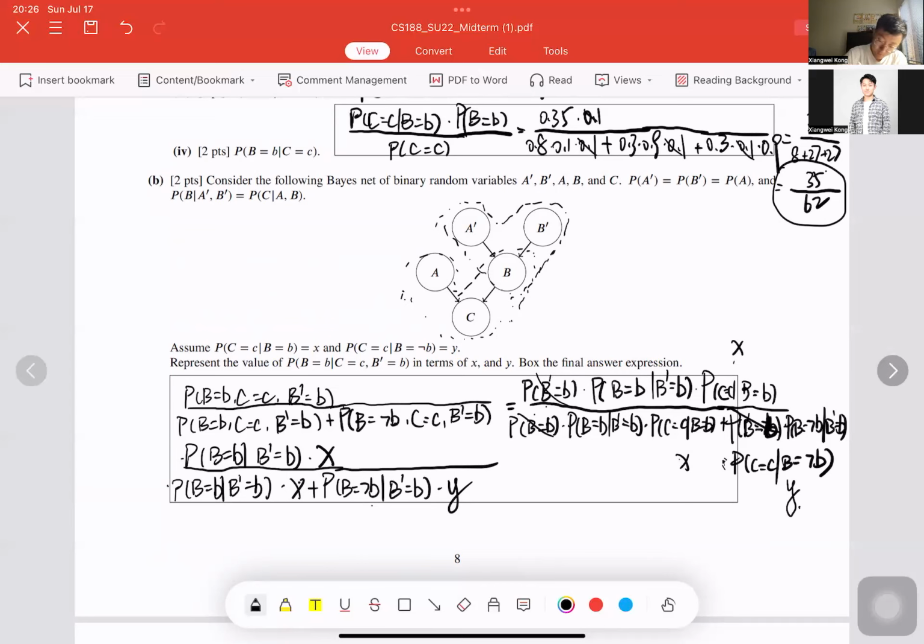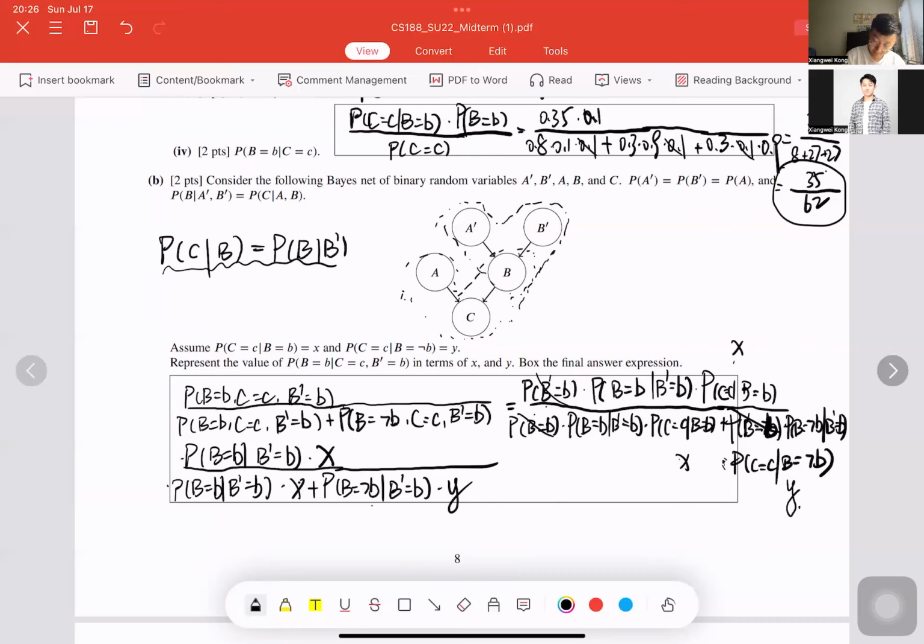So what we can do is we can also infer from that P of C given B is equal to P of B given B prime. Note that this is by symmetry. We see that their structures are the same, and so we can just infer this equation from this Bayes-Net structure.